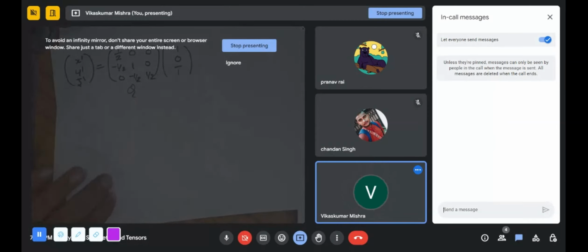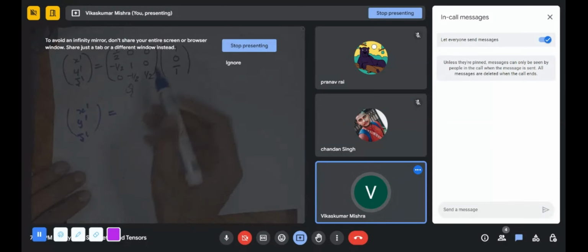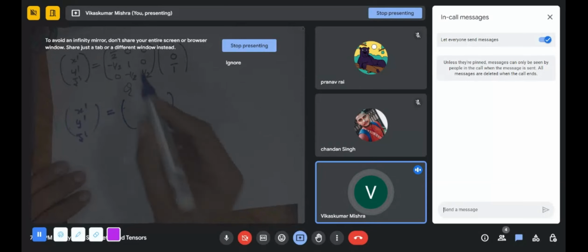All we need to do is simple matrix multiplication, and we will get the value. Let's multiply that. X dash, y dash and z dash will give the Miller indices in the new basis vector. 1 by 2 multiplied with 1 by 2, the remaining term will be 0, so we will get 0.5, 1 by 2.